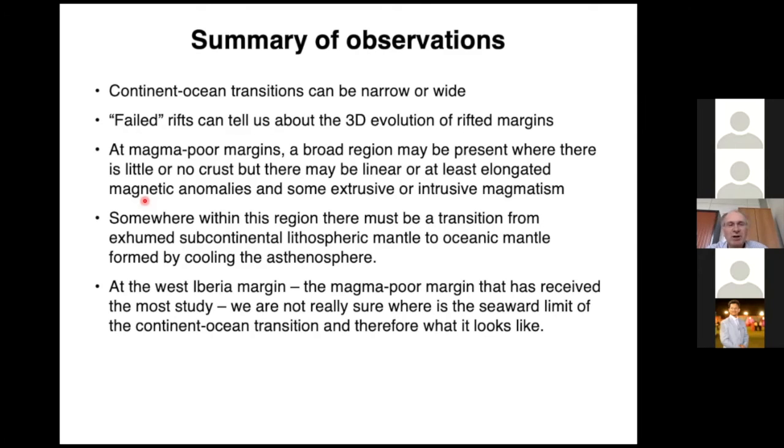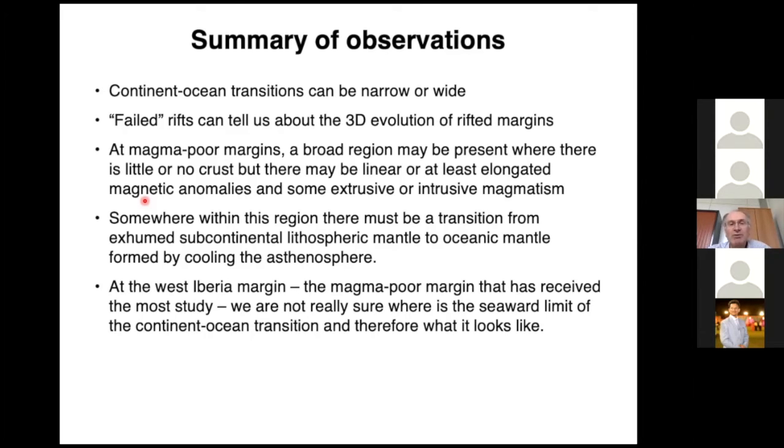Something we've known for a long time is that at magma-poor margins, we get a broad region of basement where there's little or no crust. And there may be linear magnetic anomalies, or at least elongated magnetic anomalies, and so probably there is some extrusive or intrusive magmatism in these regions, but not enough to provide a continuous layer.